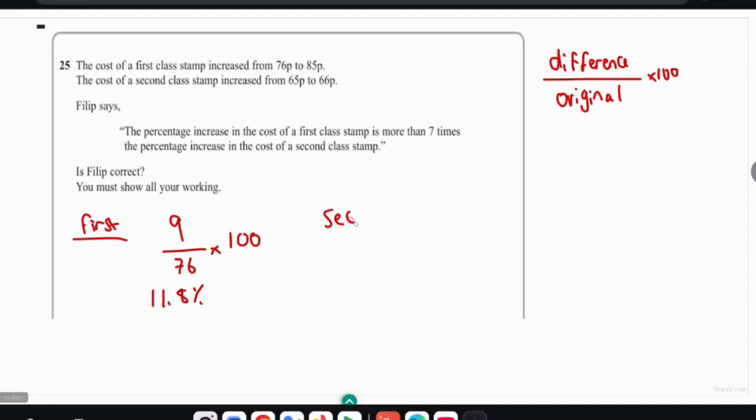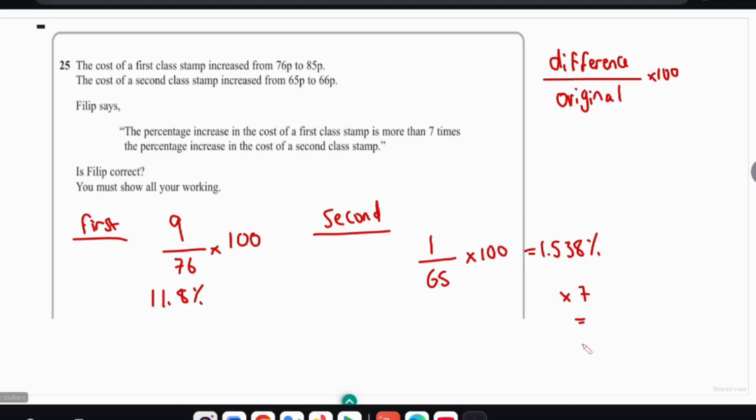And for the second, difference is 1p over the original, which is 65. That gives 1.538%. Right, I'm going to multiply this by 7 then.